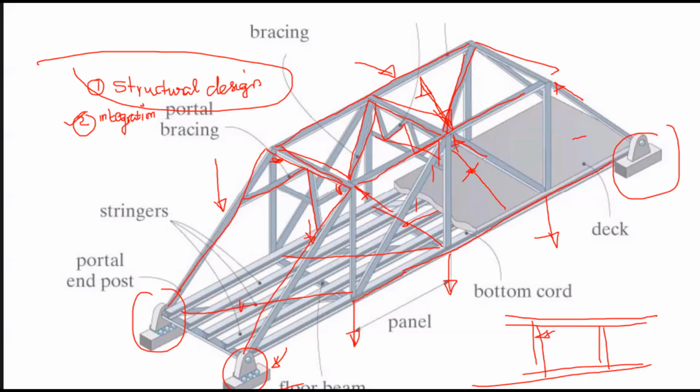So I do not want my truss frames to change shape. So we introduce something called sway bracings, right? So we introduce this member. What I'm primarily trying to say is, in the total design we have structural design and integration design.